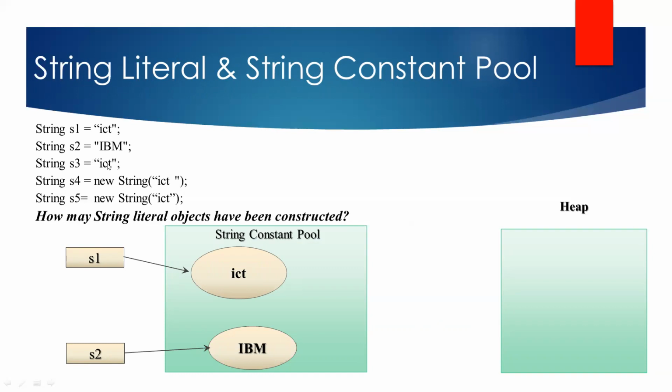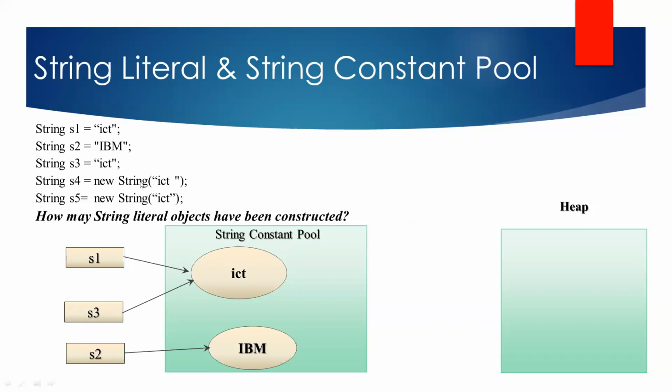But the rule says we cannot have an identical object in the string constant pool. So this will not be created again. This object will not be created in the heap. But what will happen? S3 will point to the existing object. As you can see, this graph is clear now. I hope it is now clear to everyone.